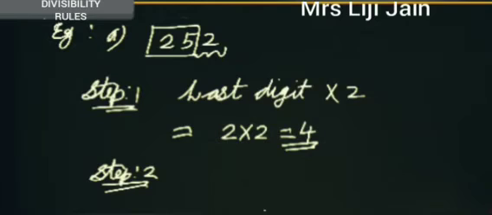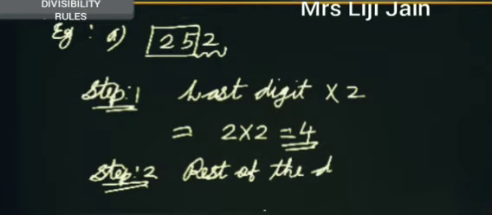Which is the number formed by the rest of the digits here? 25. So in our step 2, rest of the digits minus this product. Which is the product here? 4, isn't it?